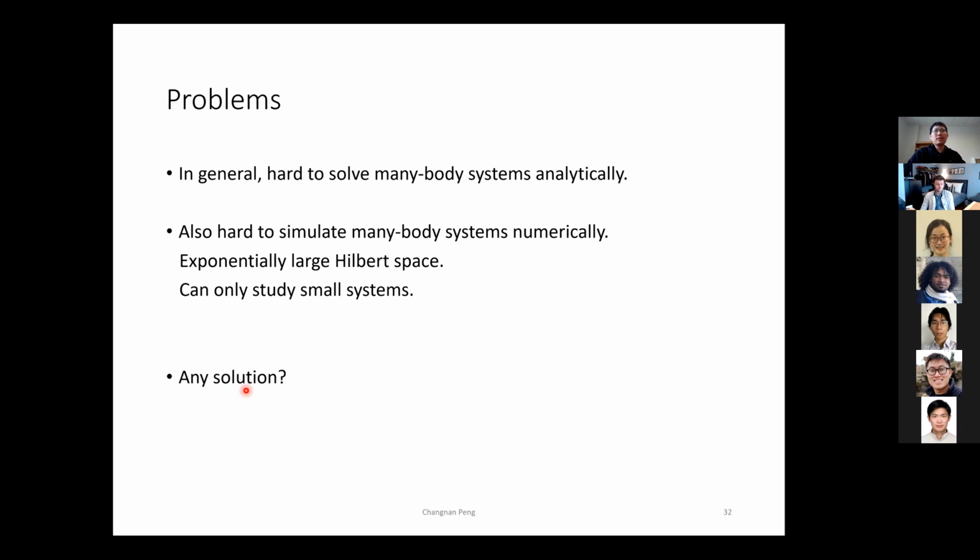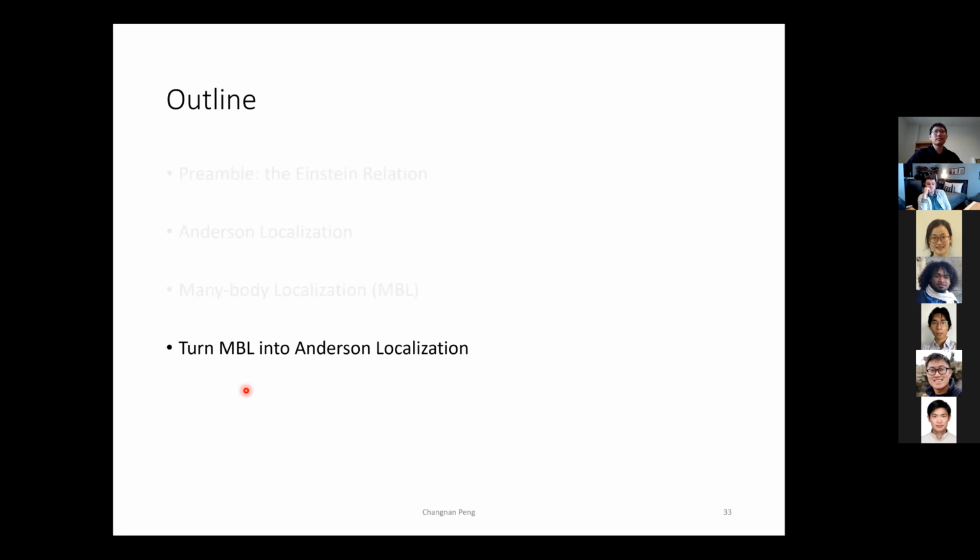But many-body systems have problems in numerical simulation because the Hilbert space is too large. So we need to find an effective way to simulate that and see if we can have some numerical evidence of these non-ergodic extended states.